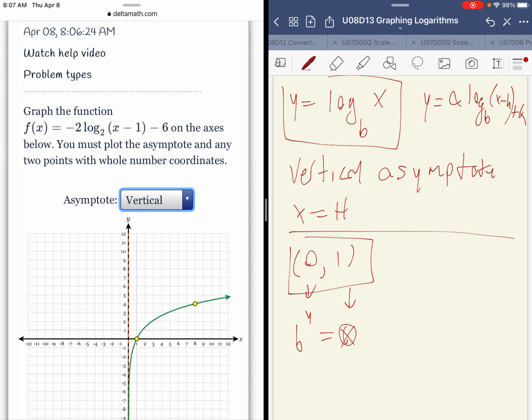So the first thing we're going to do is plot 0, 1. Secondly, the point 1, the base, will be on that graph as well, and that's because b to the y will equal x. I'm sorry, I wrote that wrong.